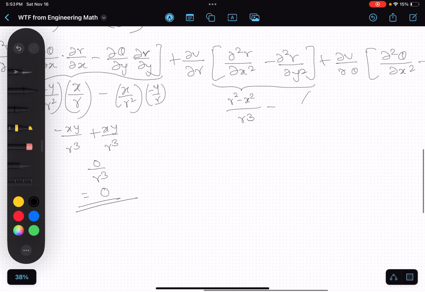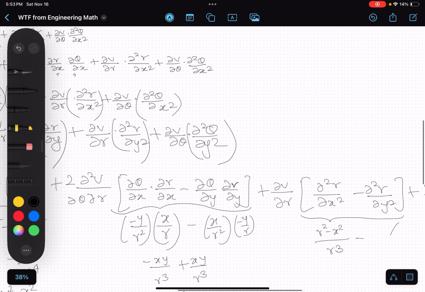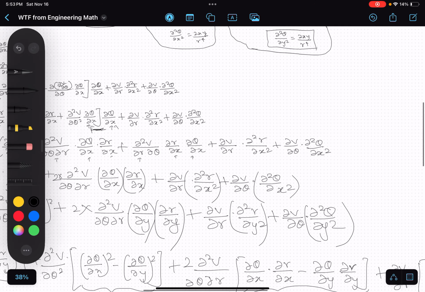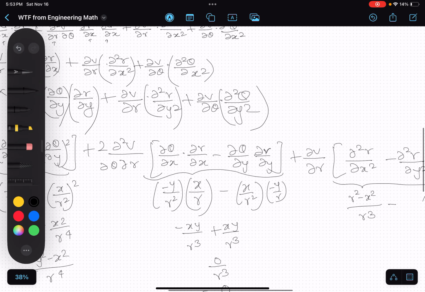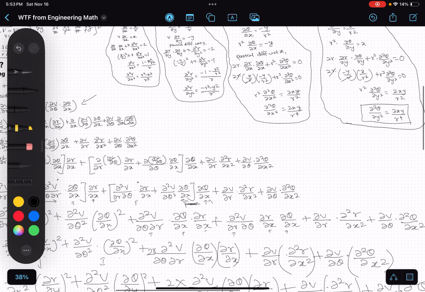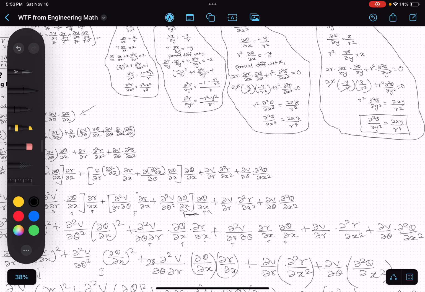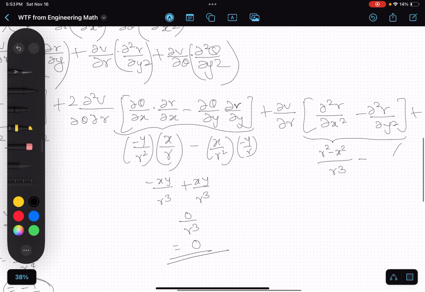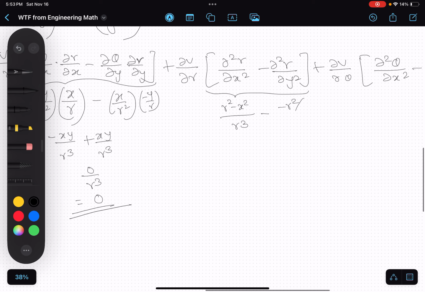Now partial square r partial y square is minus r square minus y square by r cube, right? Now this is just r square minus x square plus r square minus y square by r cube.